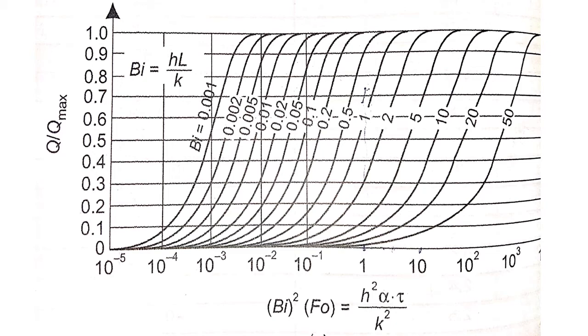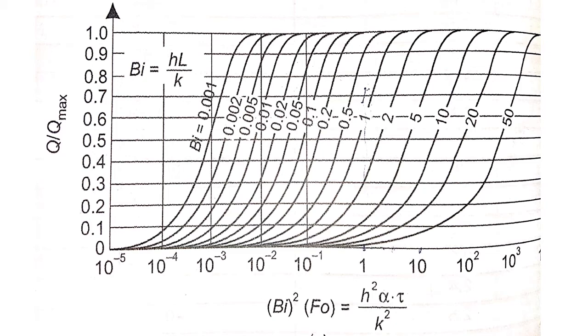These graphs indicate the values of the Biot number: 0.2, 0.5, 1, 2. On the x-axis is Biot number squared into Fourier number, which we have already calculated separately as 1.457.